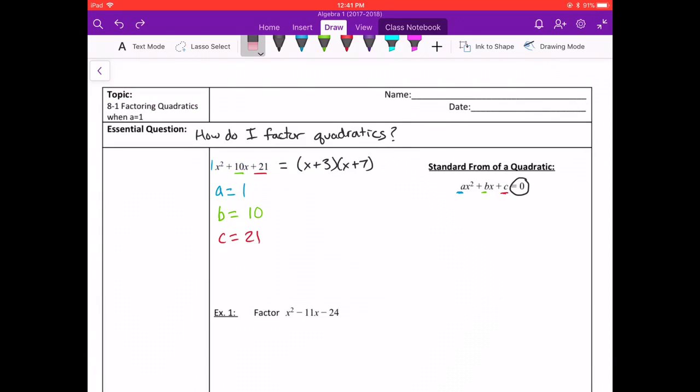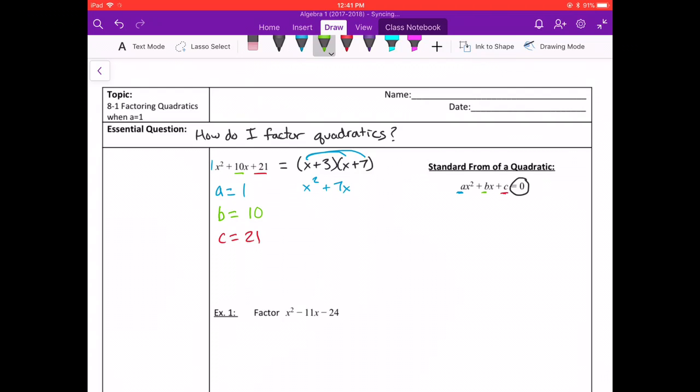But we're going to see how it does equal the product of these two linear equations, x plus 3, x plus 7, multiplied with each other, okay? Because let's do the math out. If I actually multiply these, I'm going to use my double distribute where I take x times x, gives us x squared, and then I'm going to take x times 7, that gives us 7x.